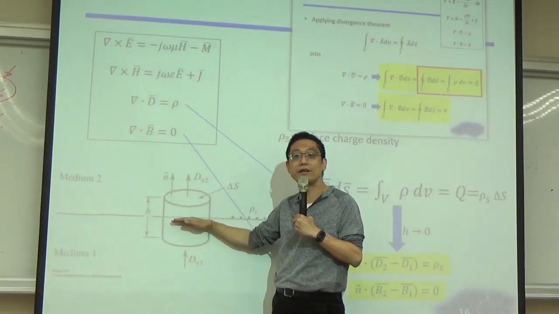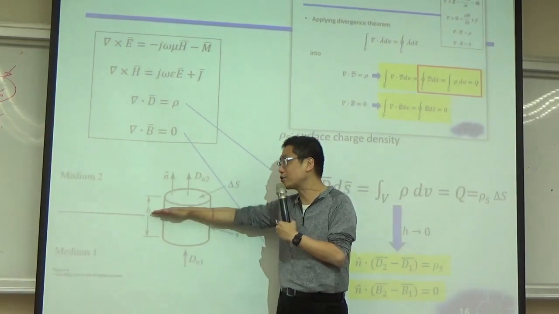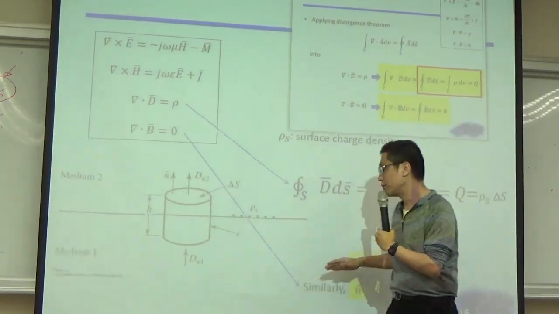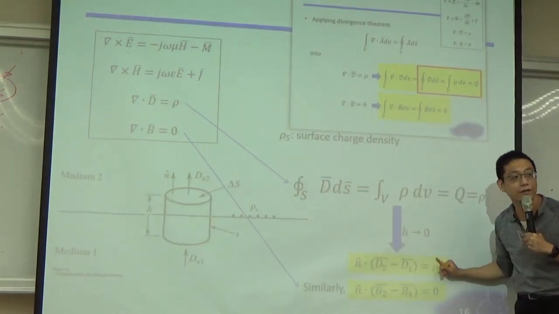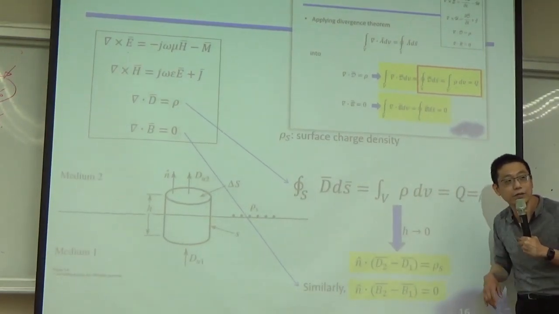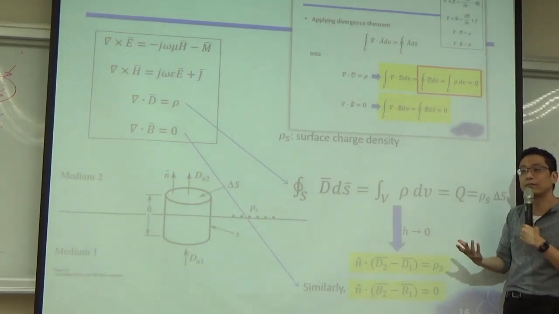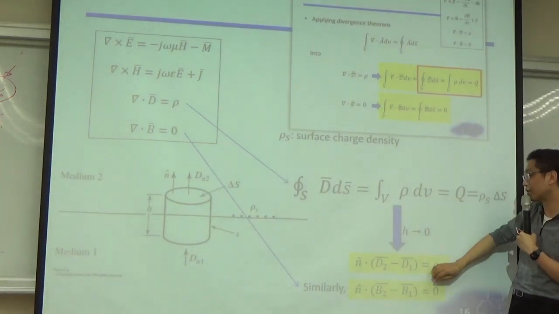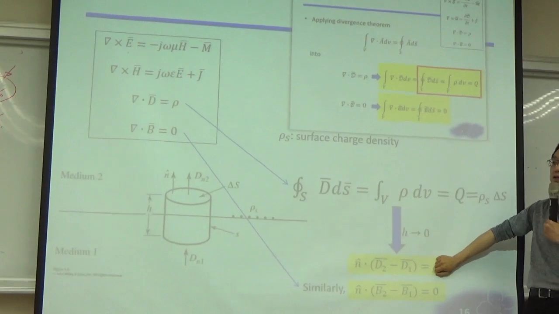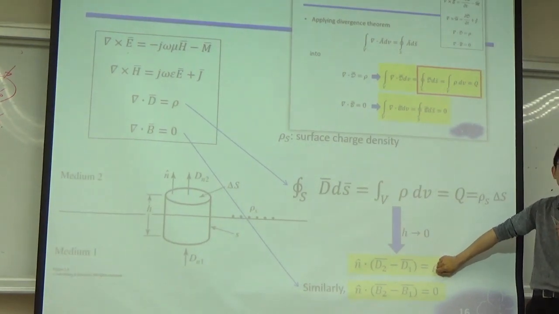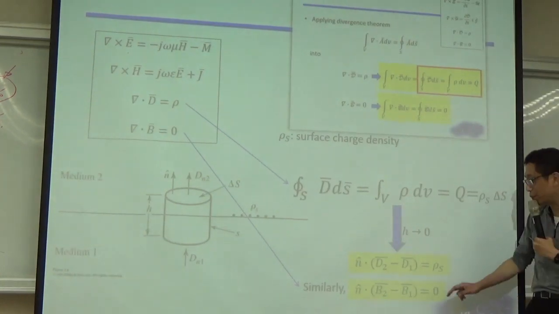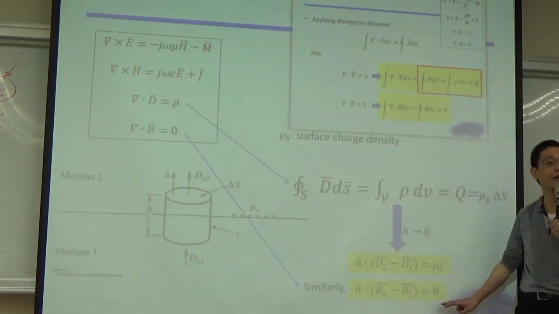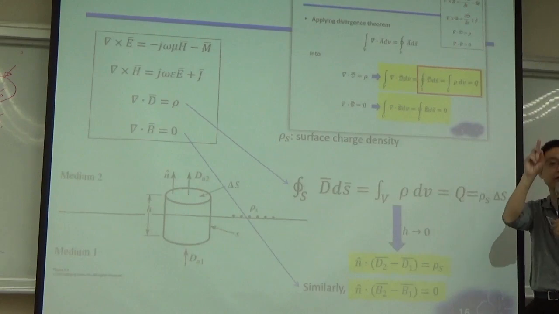But if there is some charge on the surface, you need to use this equation. So we got the first equation. But maybe you will always encounter it equal to 0, and I will tell you there's no charge on the surface. So dN2 equals dN1, and bN2 equals bN1. Understand? This is the first equation.